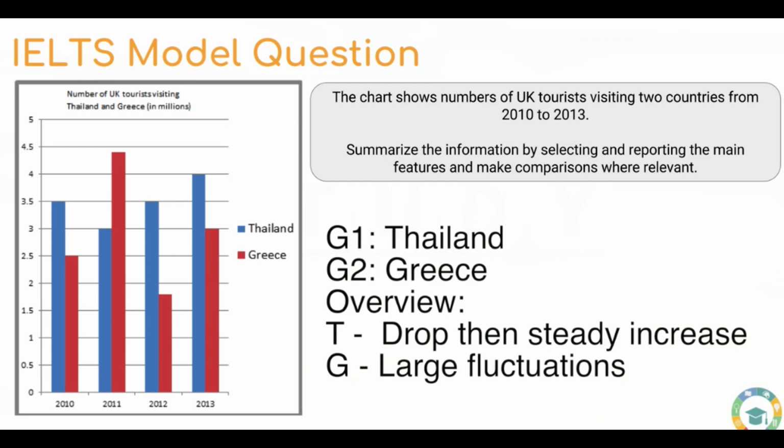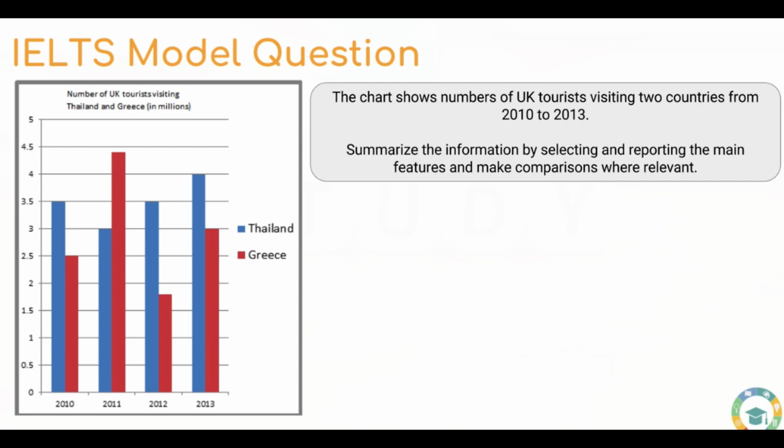For my overview section, I've identified that Thailand suffers a drop in the first year, then steadily increases throughout, whereas Greece fluctuates largely. Now that I've looked at the bar chart in more detail and made a plan, it's time to move on to our first paragraph, the introduction.